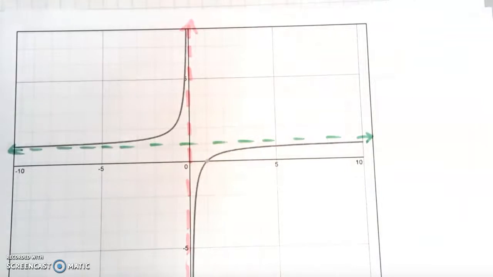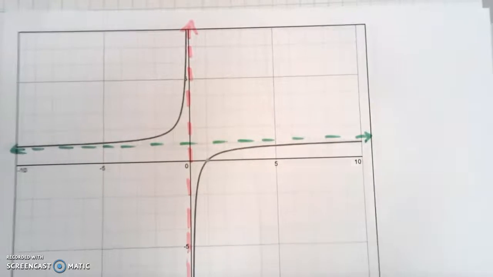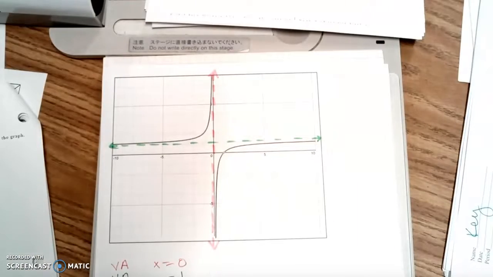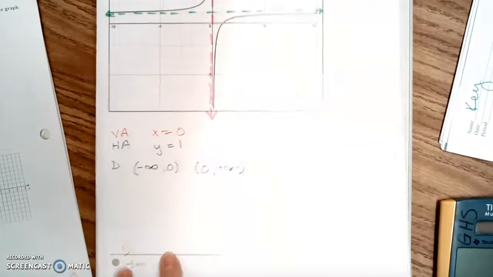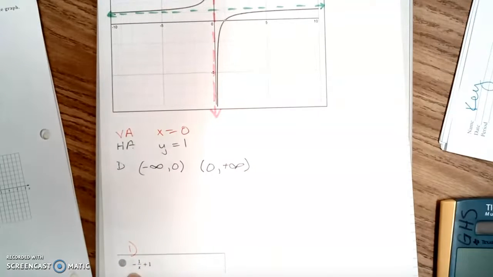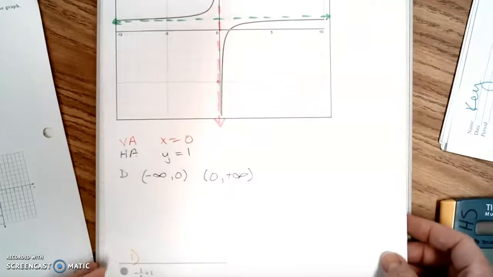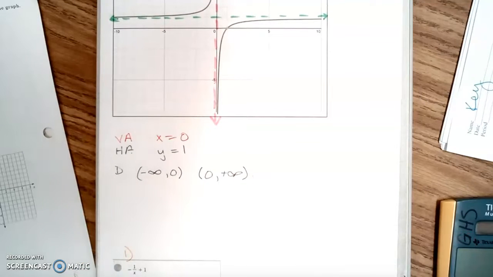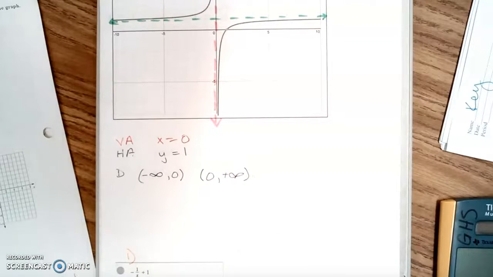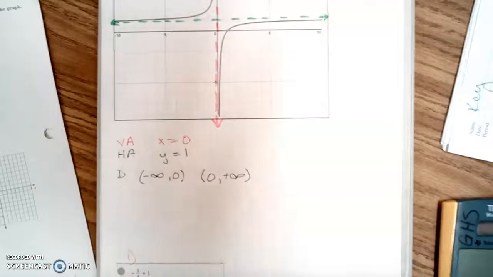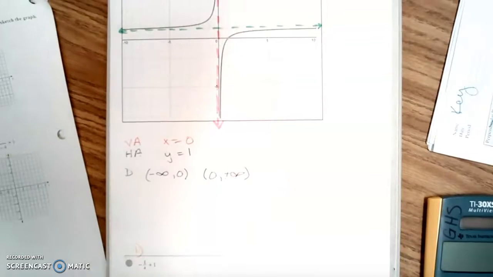So this was number, what number? Number 1. So number 1 was negative 1 over x plus 1. Let me shrink it just a tad bit more.